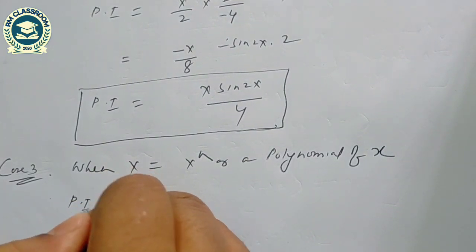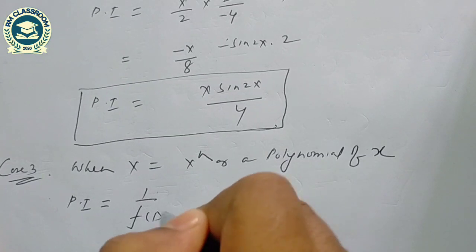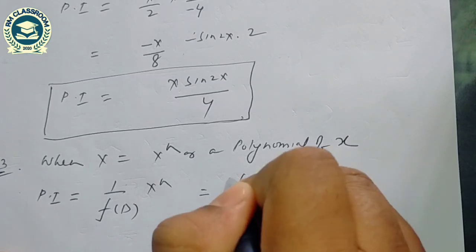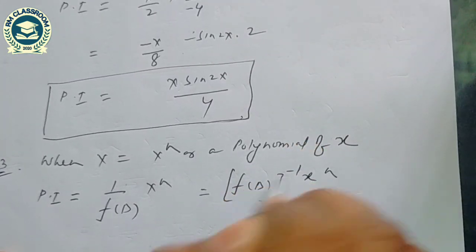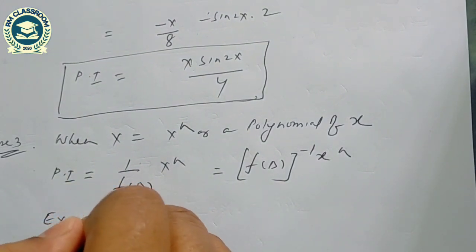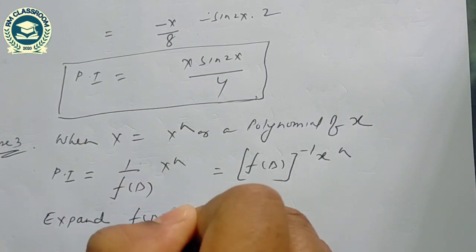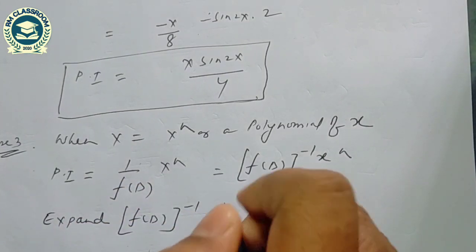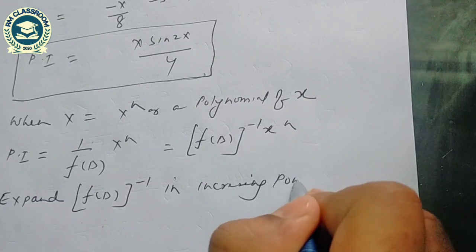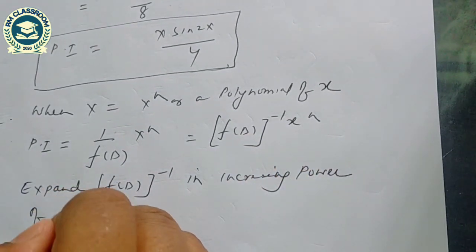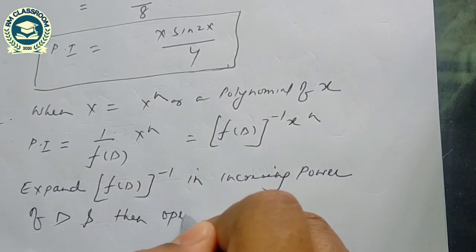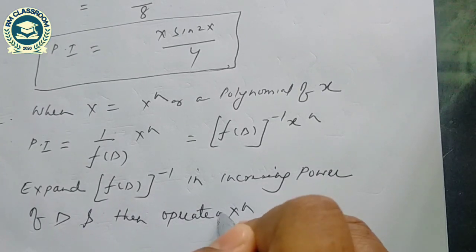So the particular integral is equal to 1 by f(D) x to the power n, and we can write f(D) inverse x to the power n, and we just have to expand f(D) to the power minus 1 in increasing powers of D, and then operate on x to the power n.